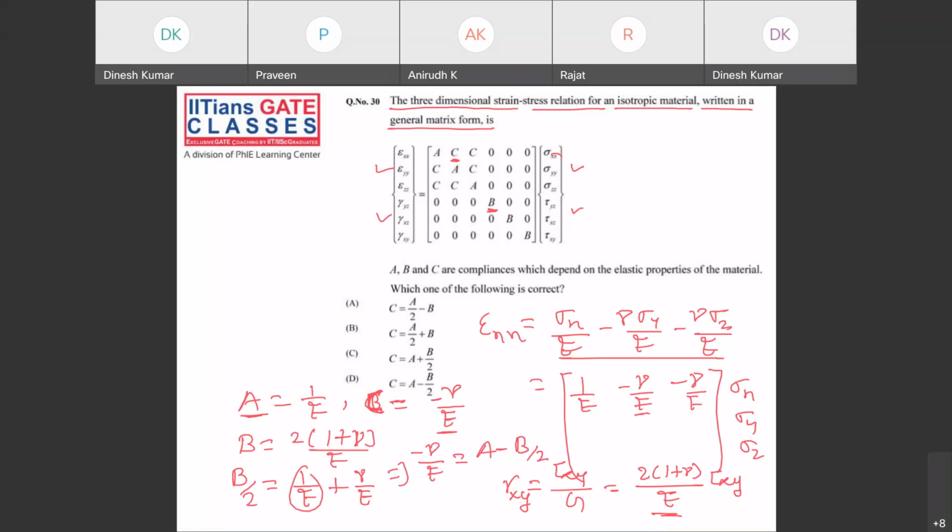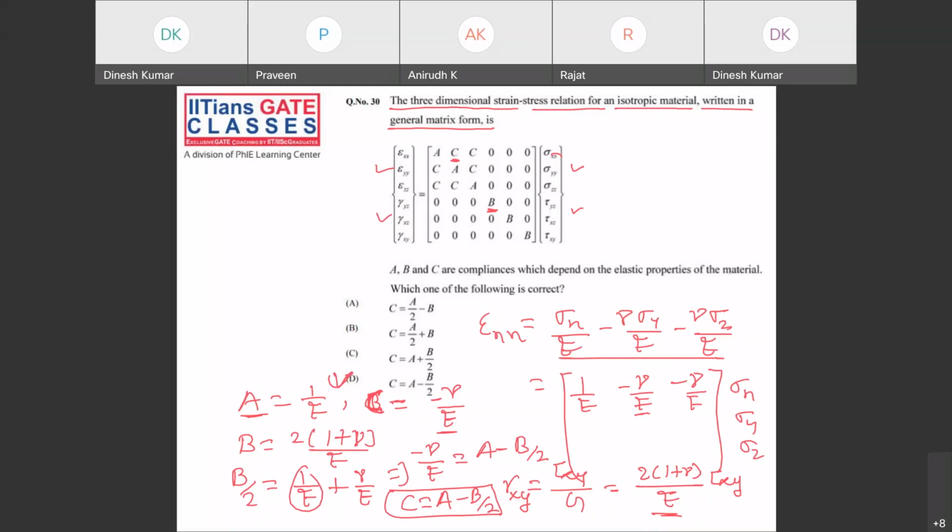So C equal to A minus B by 2 is the correct expression. So what is the answer? Option D is the correct answer.